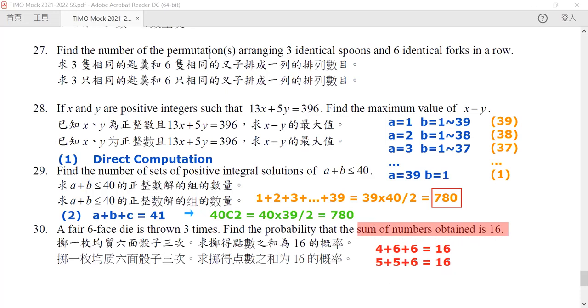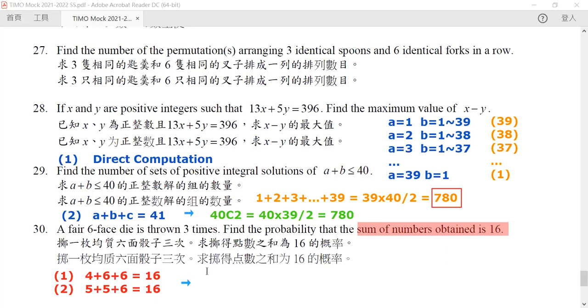There are only 2 ways for you to throw a 16. One is you throw a 4 and then two 6s. Two is you throw two 5s and then a 6. Other than that, it is impossible to do it. So you just calculate the probability of each configuration.